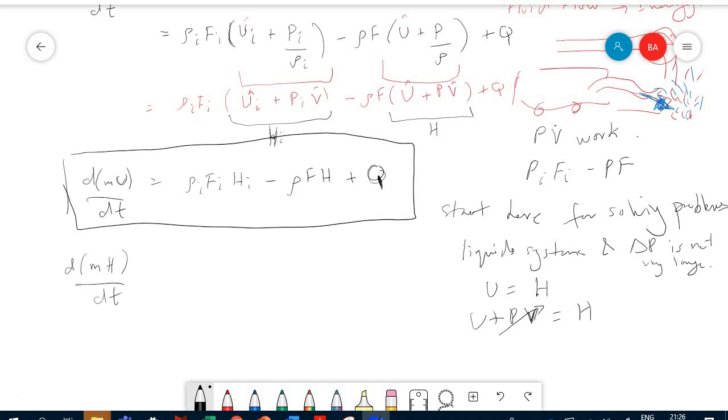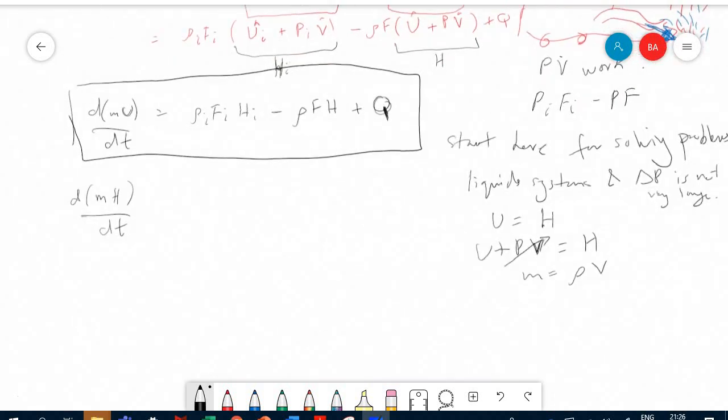Well, why write it as m? We want to simplify it more, just to shorten our problem here. We know that m is equal to rho into v. We already know this, so we just want to substitute that, and it will become easier for us to solve our problem. So let's continue.